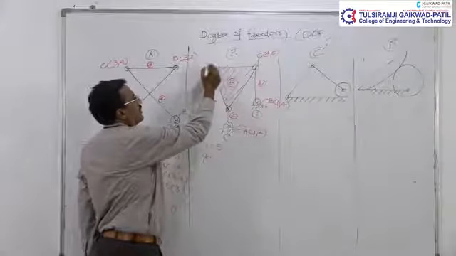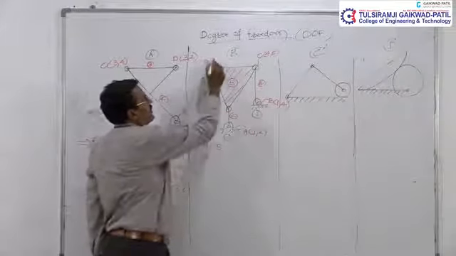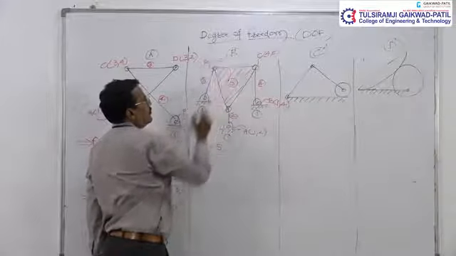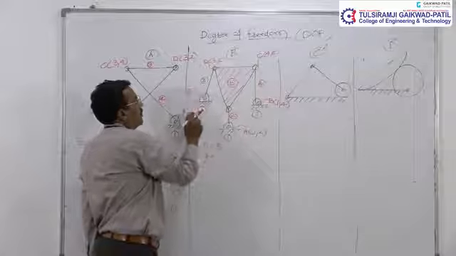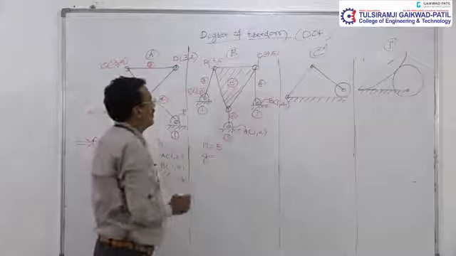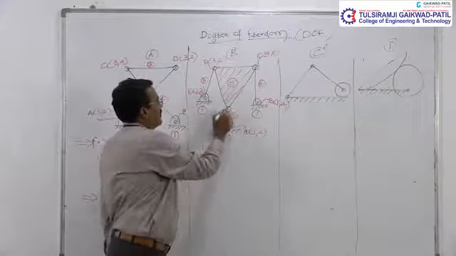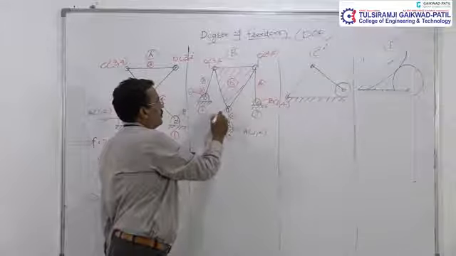Now this is the lower pair D, which is formed by link 3 and 5. Now another lower pair E, which is formed by link number 1 and link number 3. Now the last is F, which is formed by link number 2 and 5.